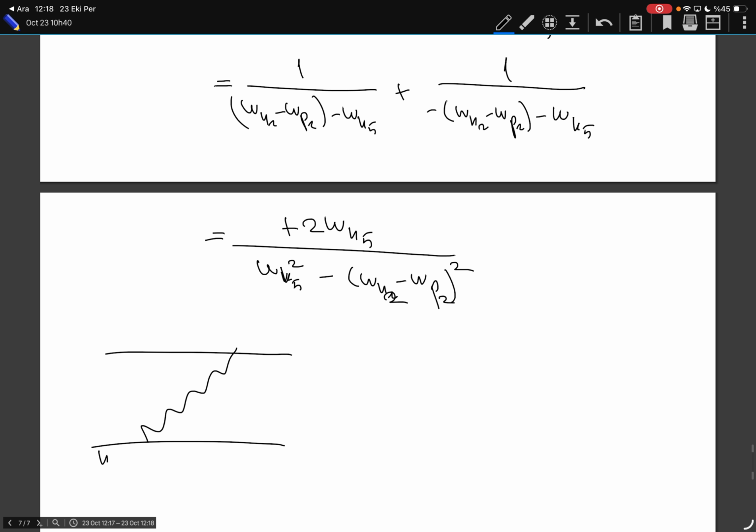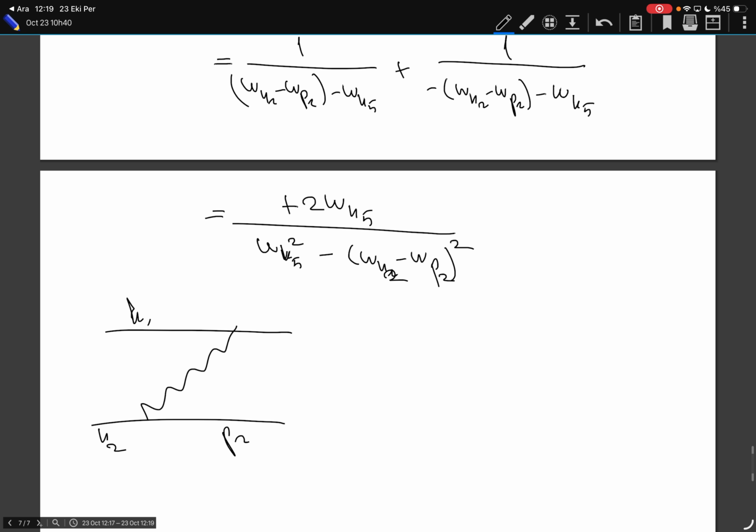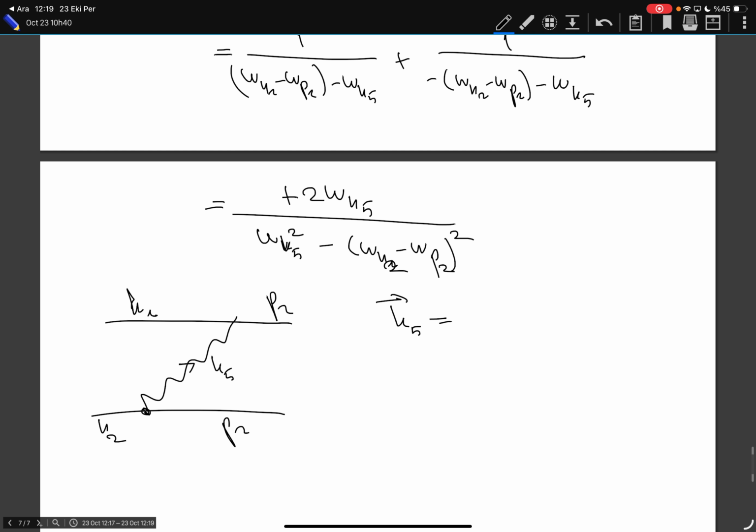This is K2, P2, K1, P1. I'm adding the other one also. I know that there is momentum conservation over there. So this K5 is equal to K2 minus P2.